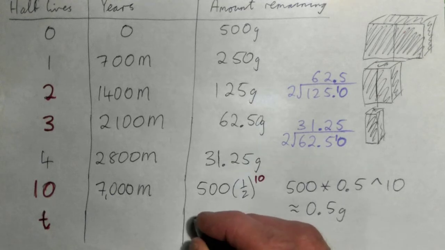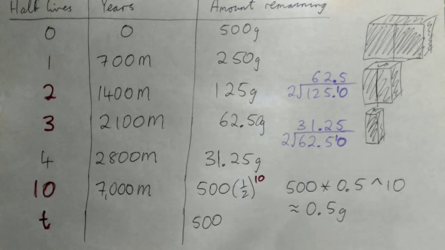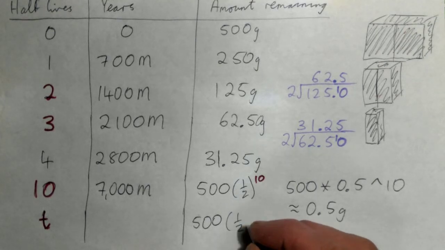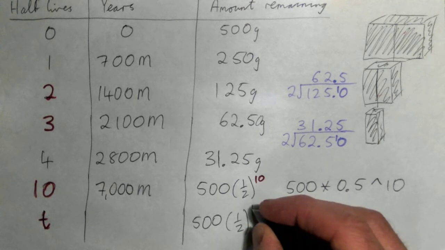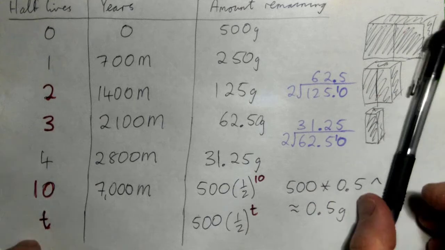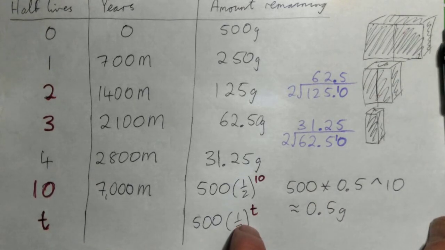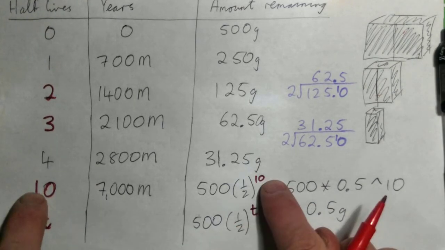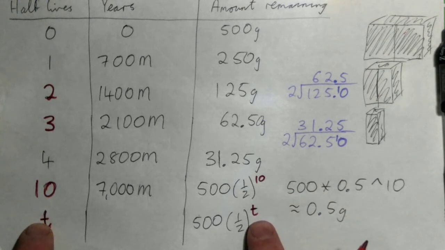Yeah. Yep. And that's all you gotta do. To the power of T. So after T half-lives, that's what we do, right? After 10 half-lives, that's what we do, and after T half-lives, that's what we get, right?